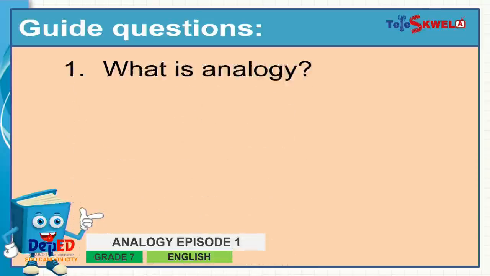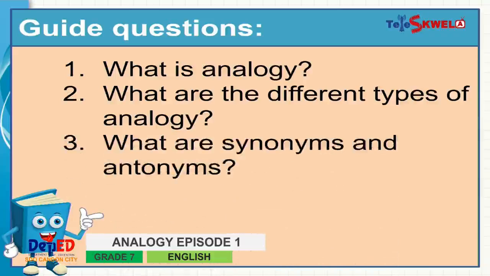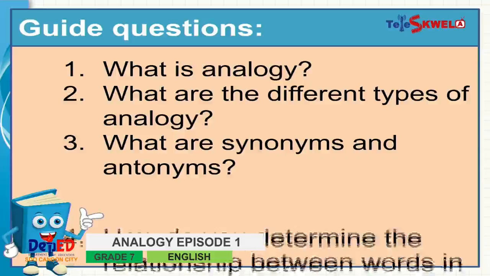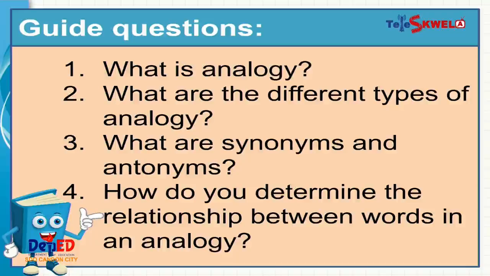First, what is analogy? Second, what are the different types of analogy? Third, what are synonyms and antonyms? And fourth, how do you determine the relationship between words in an analogy?